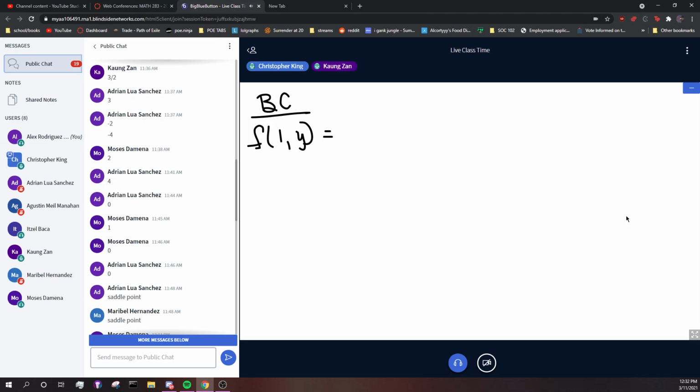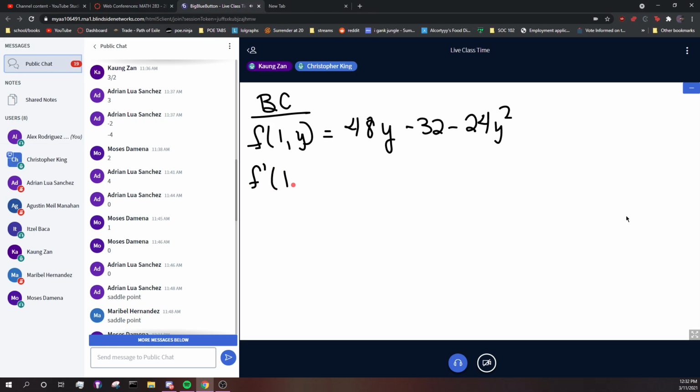If we look at f of 1 comma y, what is the function going to be? 48y minus 32 minus 24y squared. So this is going to be our function.